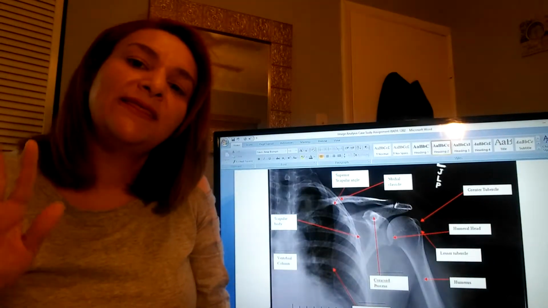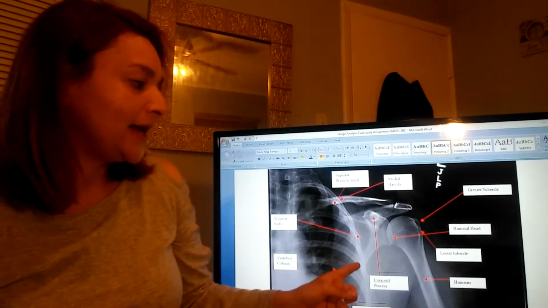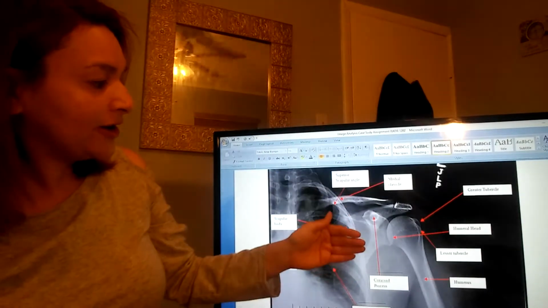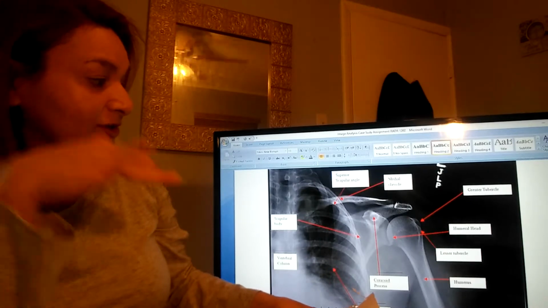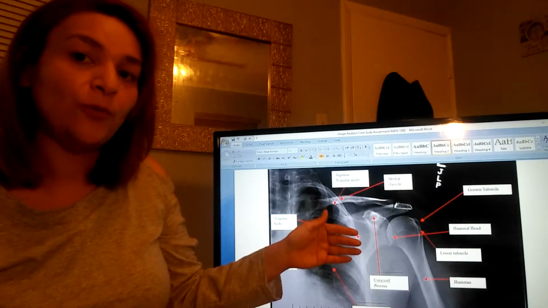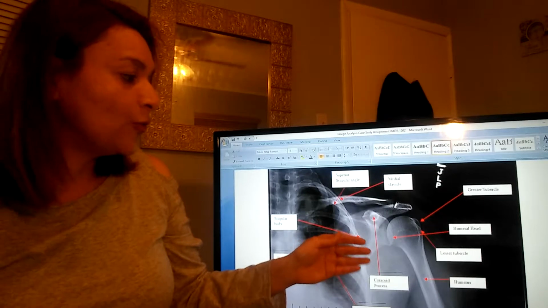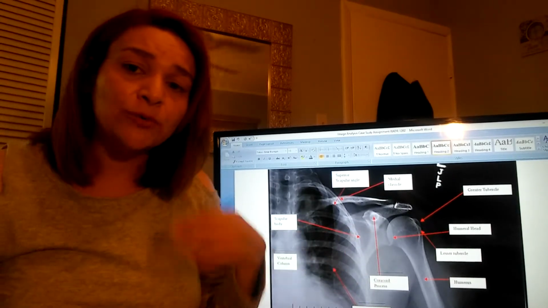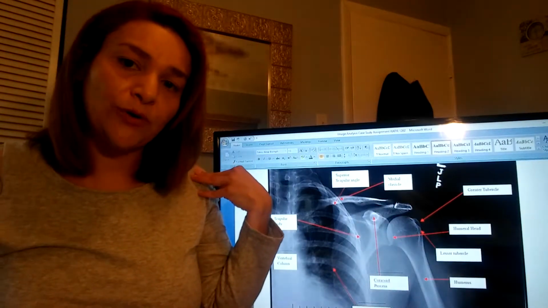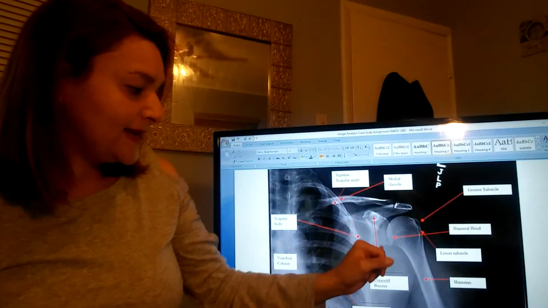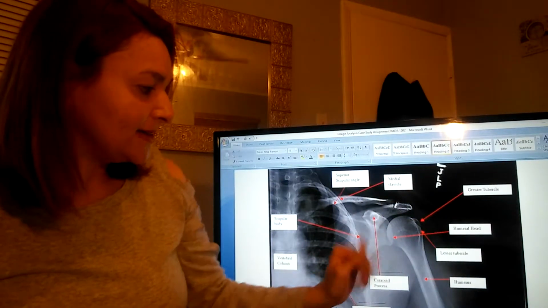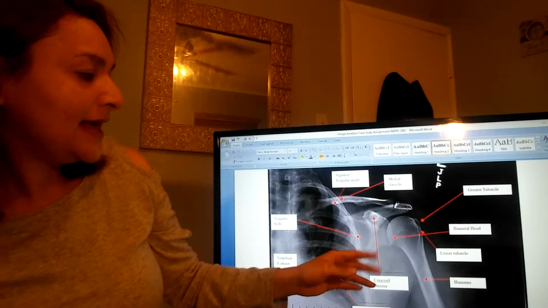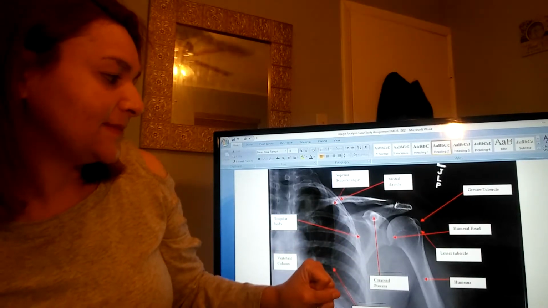And whenever the anatomy is obliqued in the body, it's going to give you foreshortening. So your IR is perpendicular to your CR, and the part needs to be parallel with the IR. In order to lessen the foreshortening, retracting the shoulders is going to be important, because that's going to bring this lateral border of the scapula back. It's going to bring it more parallel to the IR, and that would help to decrease some of that foreshortening.